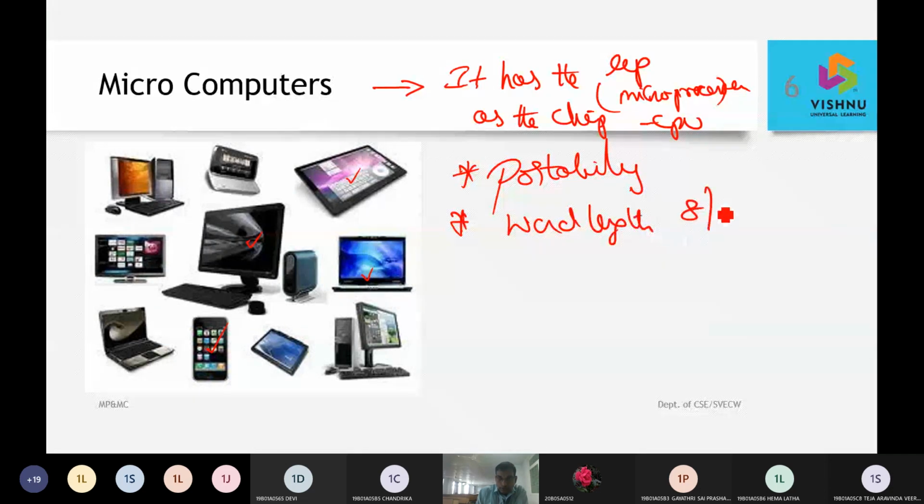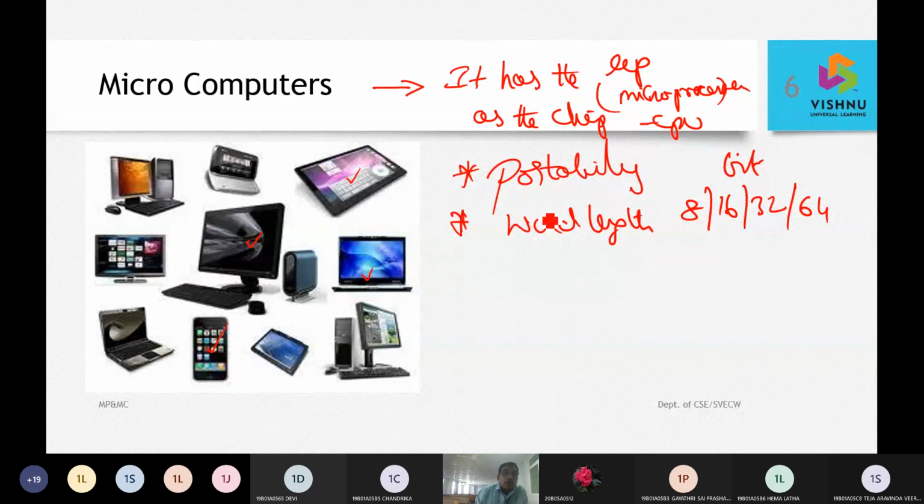It can be either 8, 16, 32 or 64. It is compatible with any type of word length. So it can work with a bit size of 8, 16, 32 or 64. Any of these can happen.